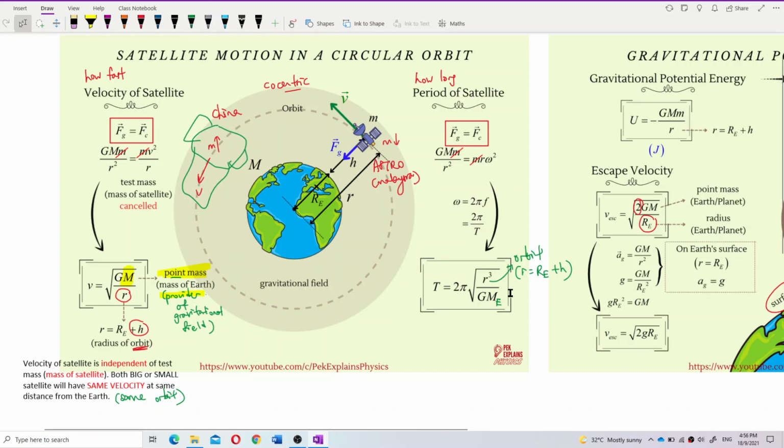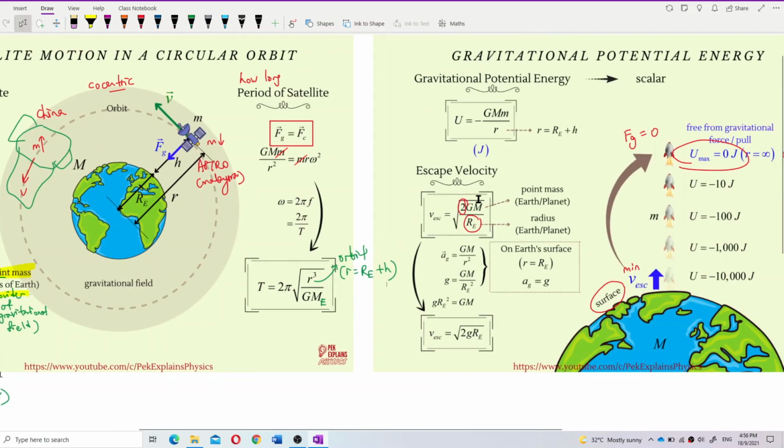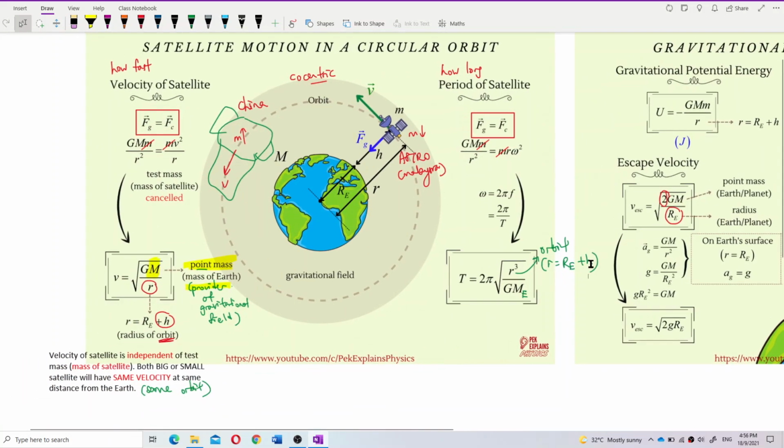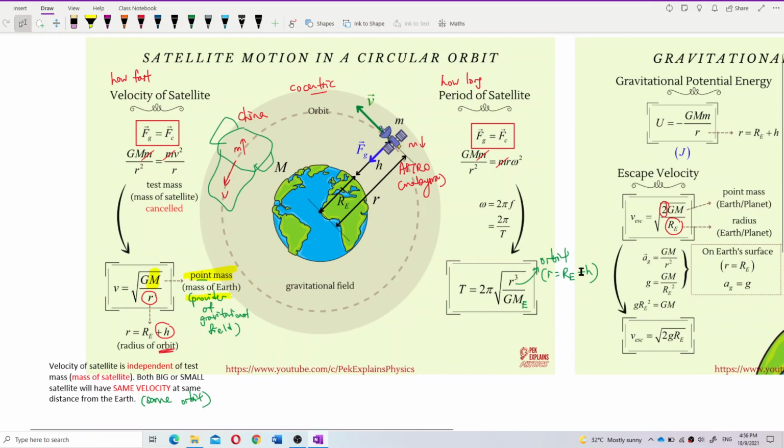It's not just the radius of Earth like the escape velocity. No, you must include the h, because this r refers to the satellite. How far the satellite is from the center of Earth is the radius of Earth plus h. So this r is the same as the r in the velocity formula, and the mass of Earth is the same point mass.